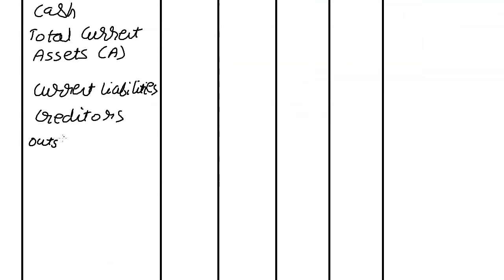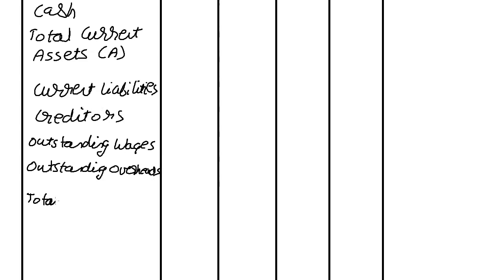Okay, and then we can add them up to get total current liabilities, which we can then mark as B.